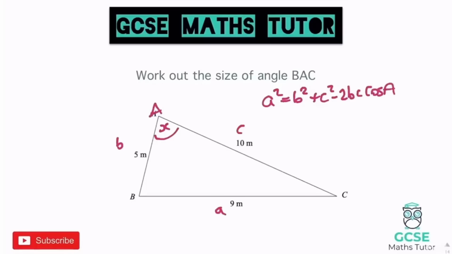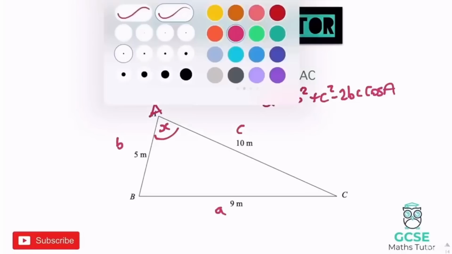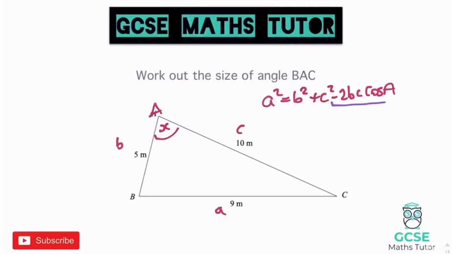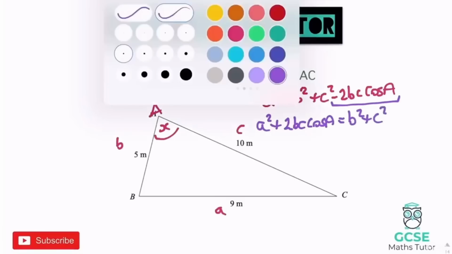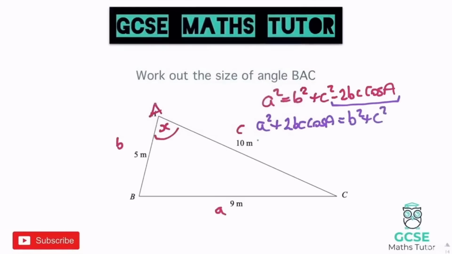So in order to do that, I'm going to get this whole minus 2bc cos A, I'm going to add it to the other side. So we get a squared plus 2bc cos A equals b squared plus c squared. Now I can get rid of that a squared, so we can minus a squared from both sides, and you get 2bc cos A equals b squared plus c squared minus a squared now.